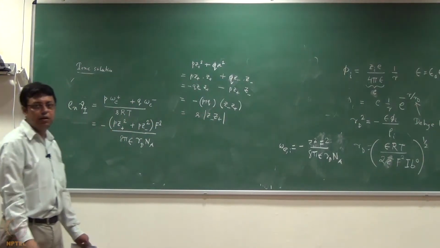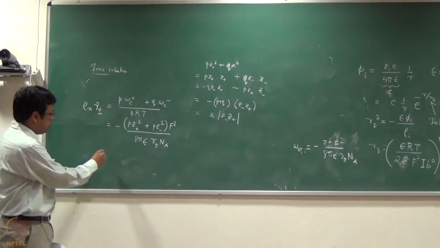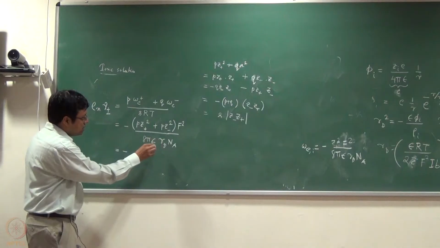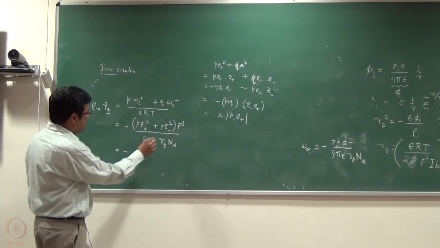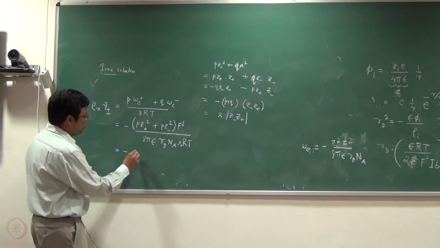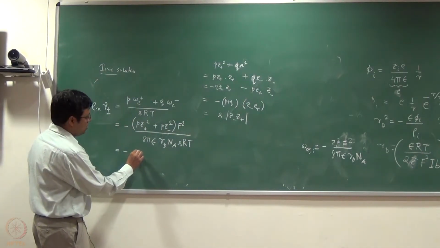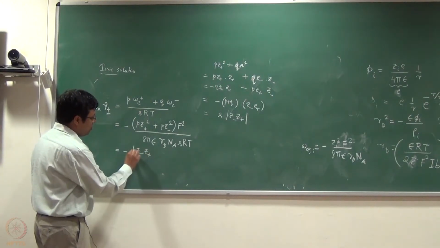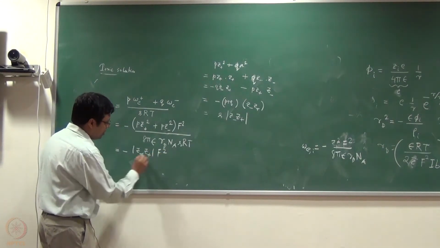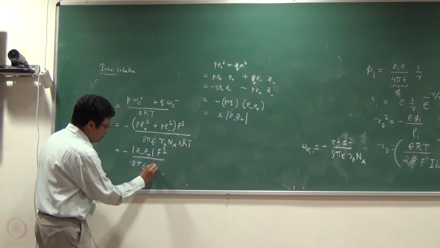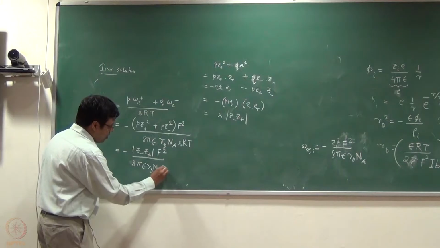Now let us bring it here. So I will have minus S, and where is the SRT? There was an SRT also. So I will have Z minus Z plus modulus F square divided by 8 pi epsilon RT in A RT.